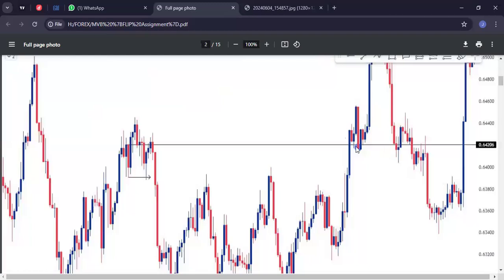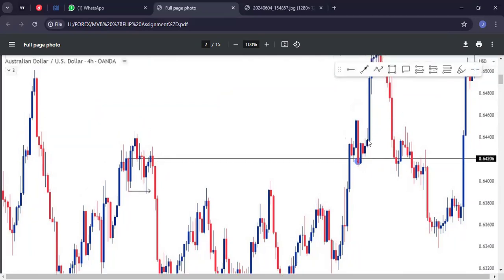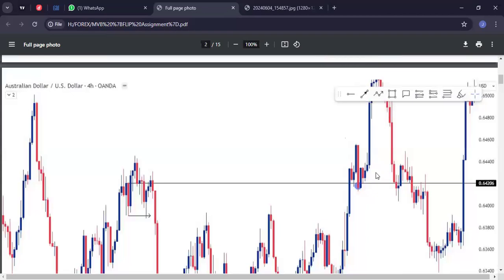So the second example, as you can see here, this was a liquidity engineering. The market closed above this decline point by these two candles here. After the market closed, it just performed a micro retest, then the market went long.